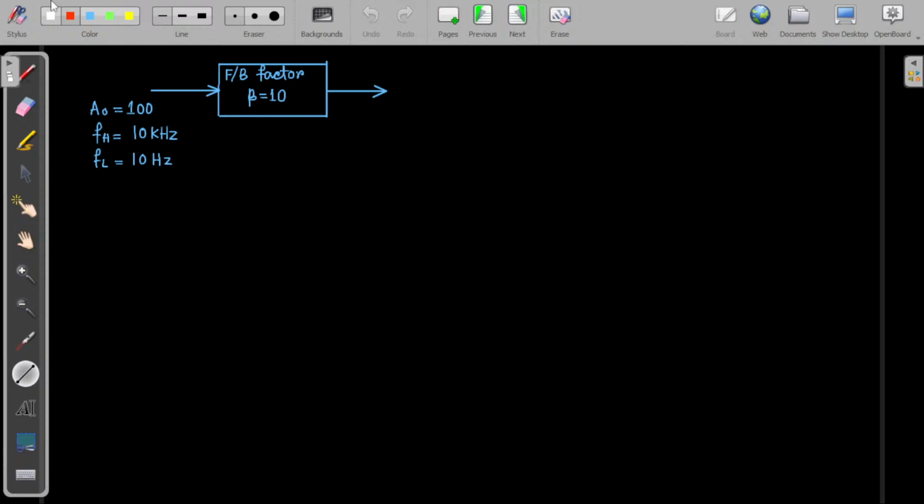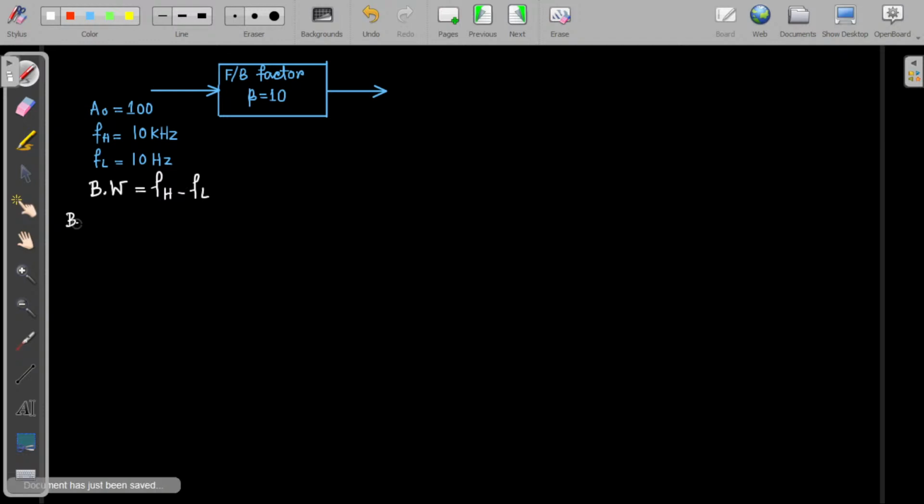So in this case, before connecting the negative feedback, what was the bandwidth? The bandwidth of the system will be FH minus FL, not FL minus FH. FH is the higher cutoff frequency or higher 3 dB frequency minus the lower 3 dB frequency.